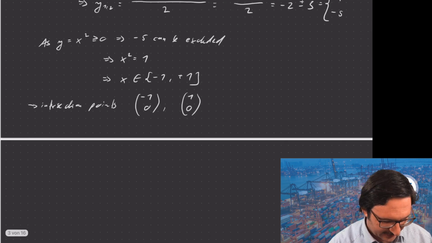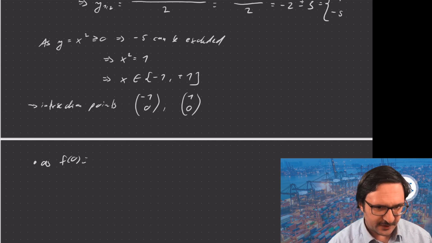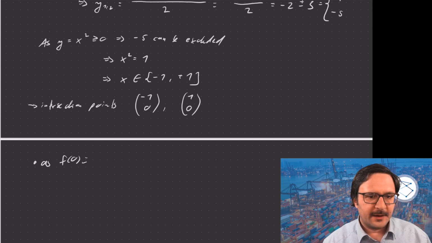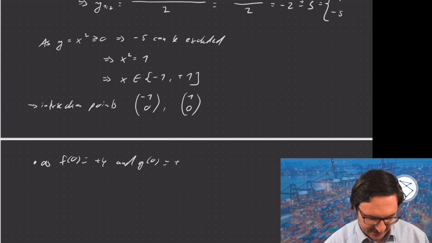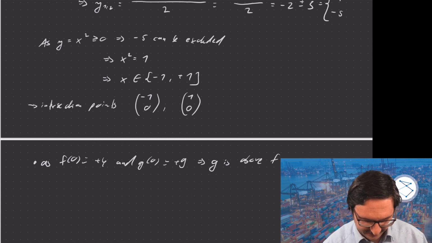So if we do that, f of 0, that is equal to plus 4. And g of 0, that is equal to plus 9. G is therefore above f in this interval from minus 1 to 1.